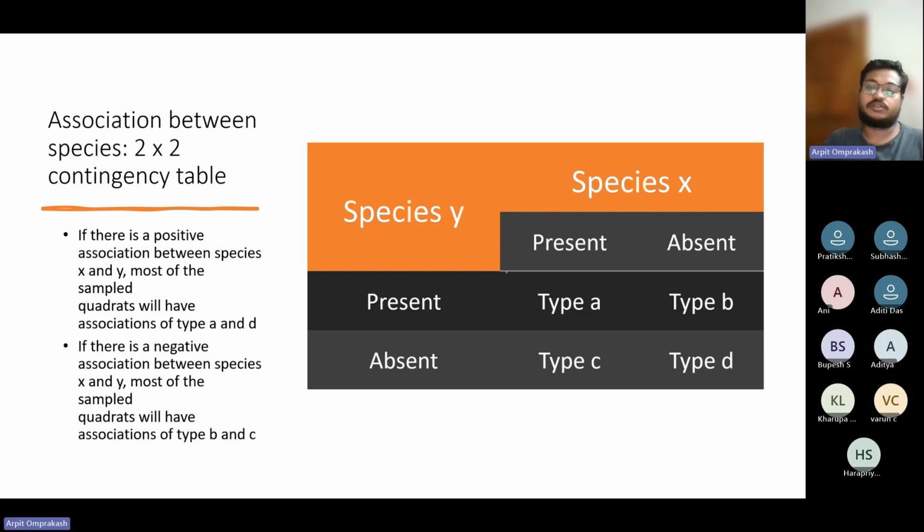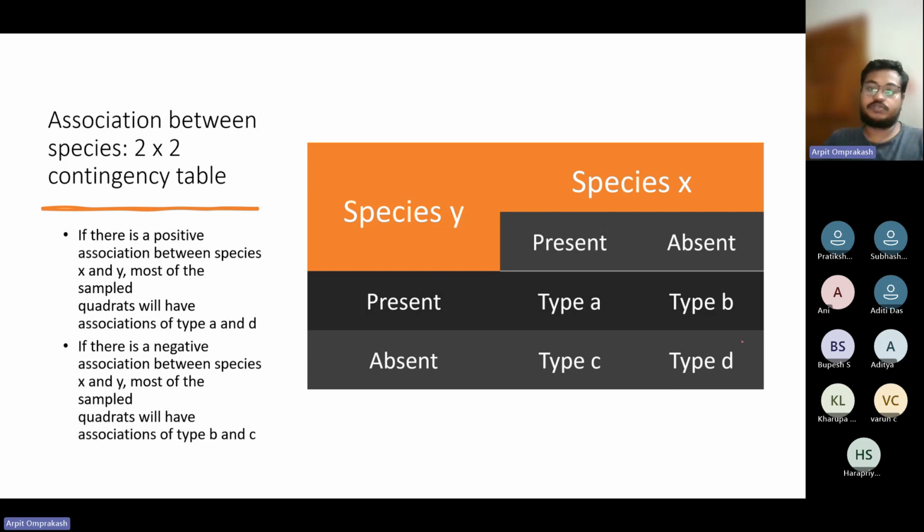If in a quadrat both the species are present, the association is called type A. If species Y is present and species X is absent, that association is called type B. If species Y is absent and species X is present, it's called type C. And if both of them are absent, it's called type D.